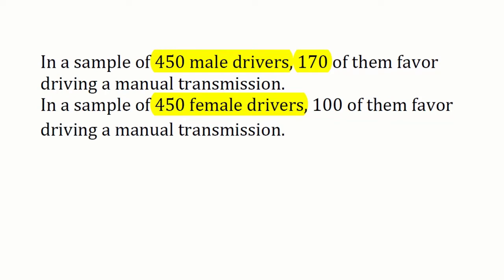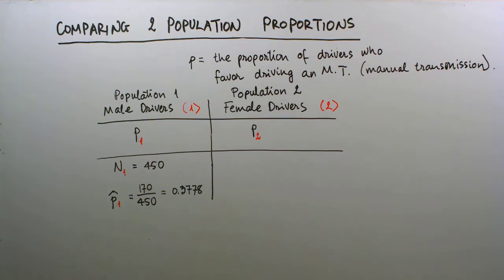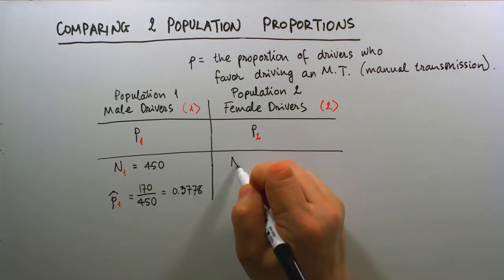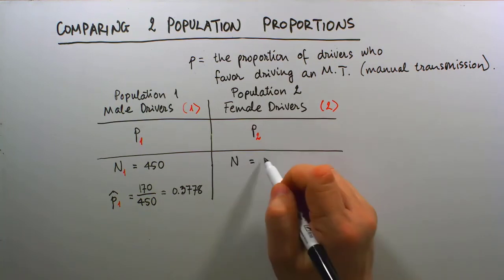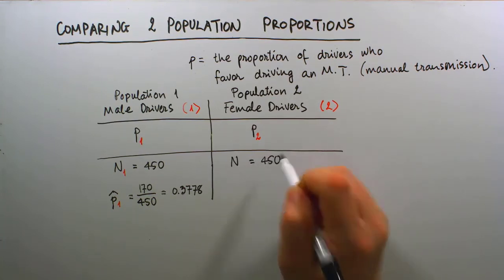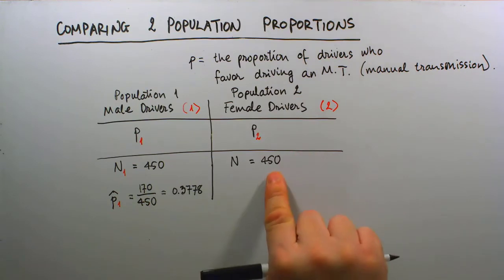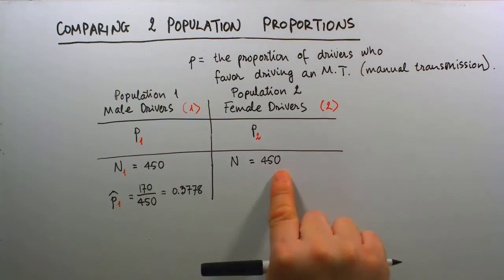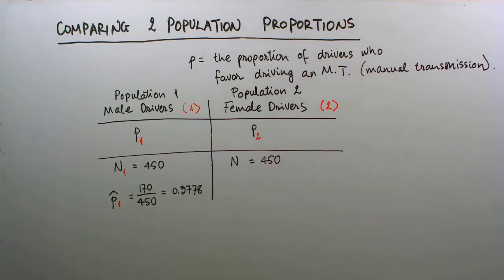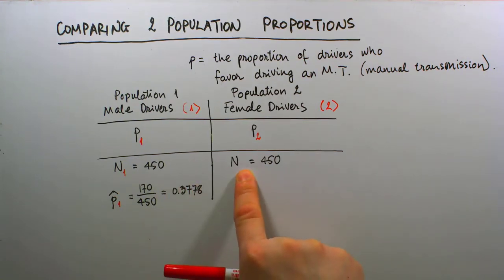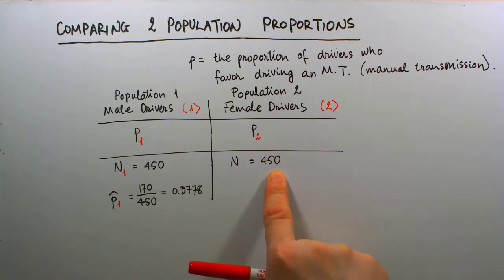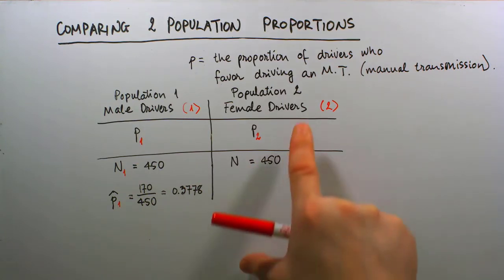And so now, very similar arguments. Now I have a sample size for any sample selected from population 2. And that sample size there equals 450. And in the same argument that I've made earlier, this sample size is the sample size that we decide for all samples selected from population 2.